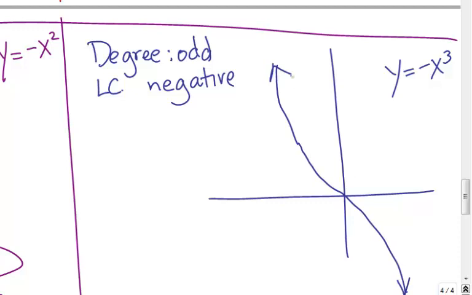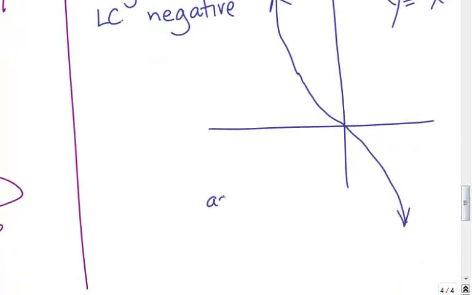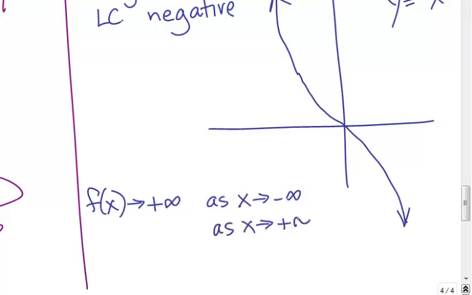The negative one opens this way. So as x goes to negative infinity, as x goes out this way, what's the y going to? Positive. So f of x, the y goes to positive infinity. As x goes to positive infinity, the y goes to negative infinity.